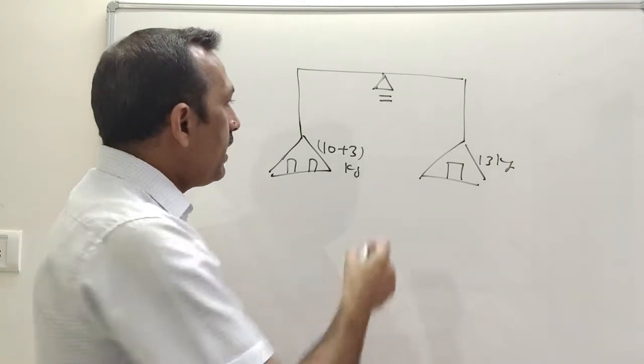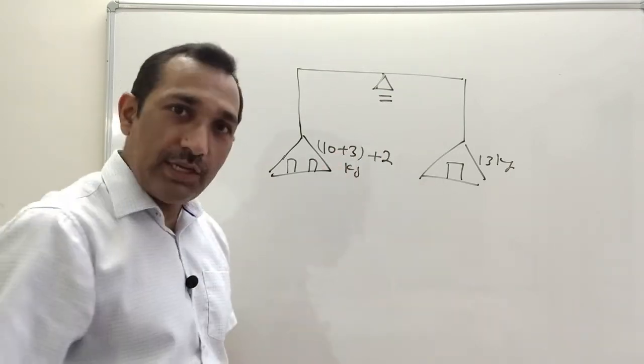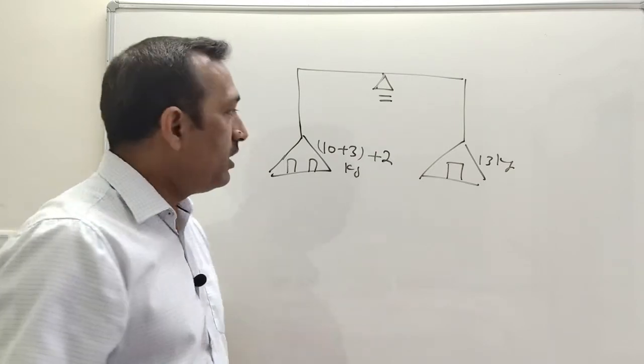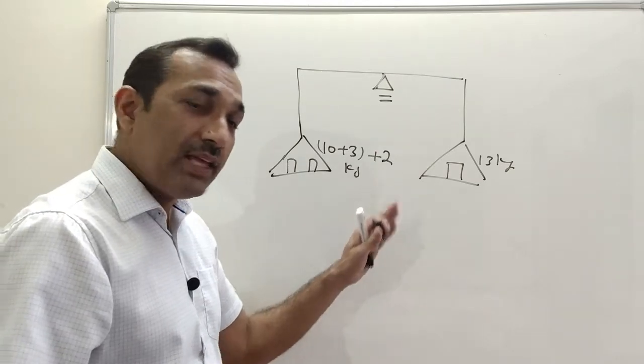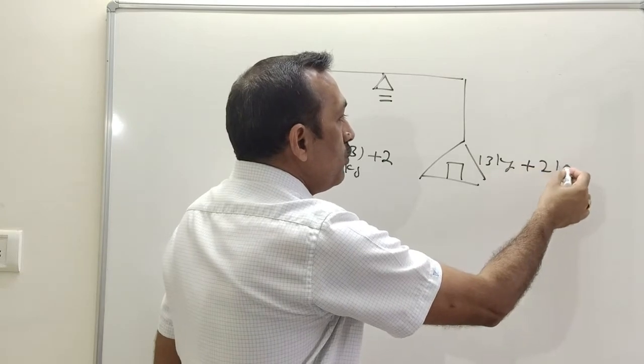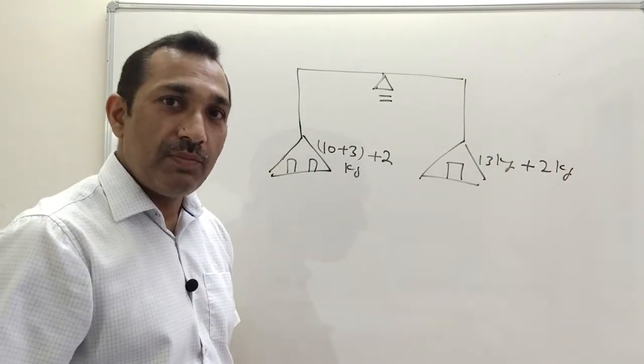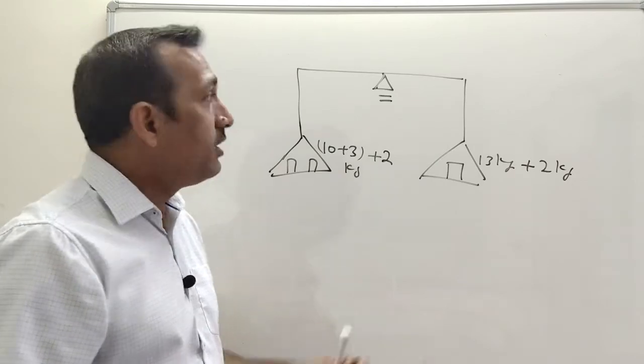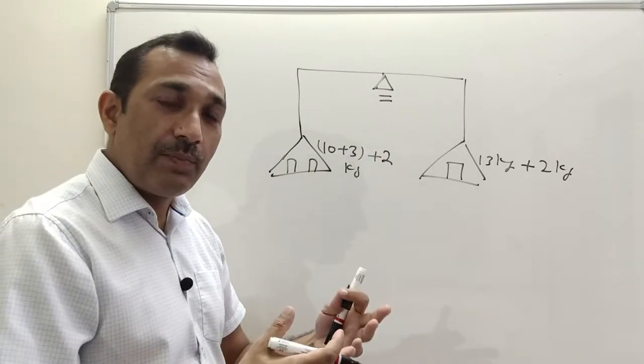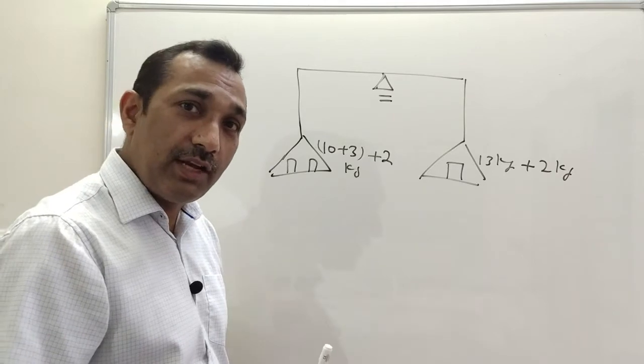Now if I add 2 kg here, then what will happen? This side will become more. To balance it, I need to add 2 kilogram here also. Then this will become balanced again, right? The balance is equal on both sides.